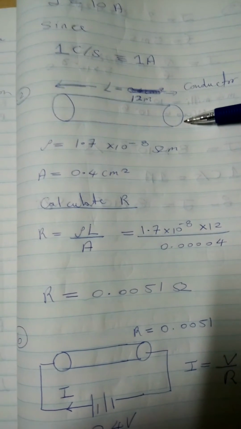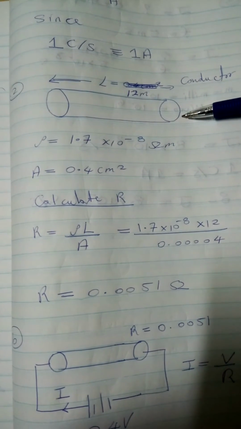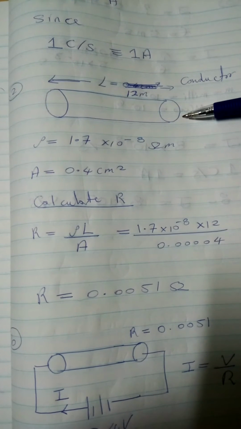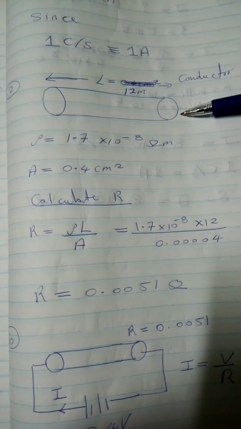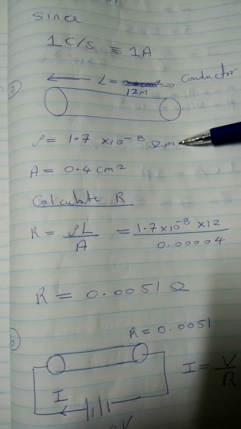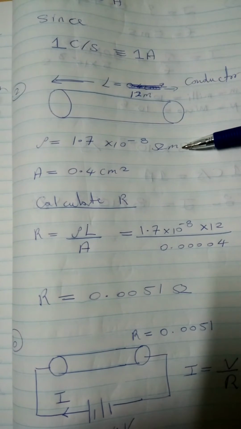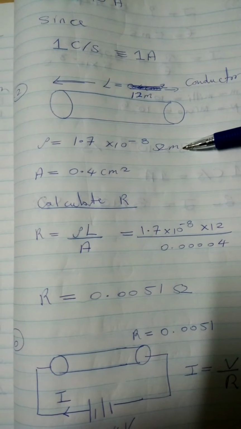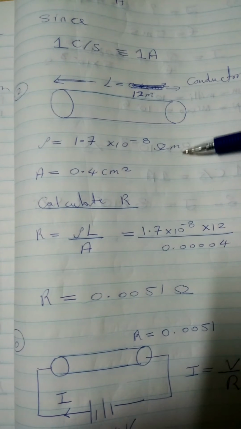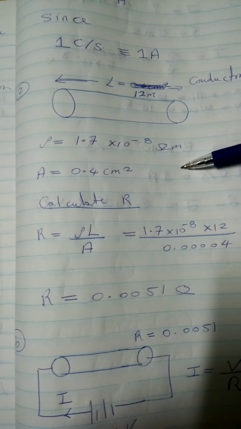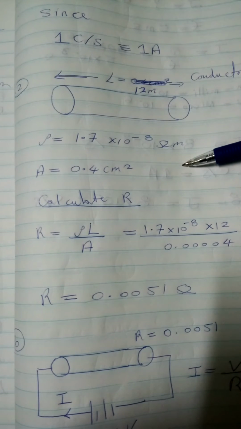Alright, so for example 2, we have a cylinder of length 12 meters. The cylinder has a resistivity of 1.7 times 10 to the negative 8 ohm meters, and the cross-sectional area of the cylinder is 0.4 centimeters squared.